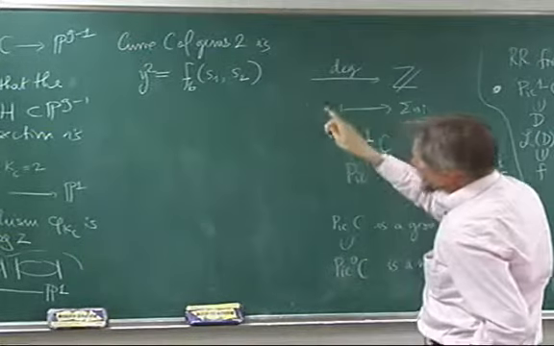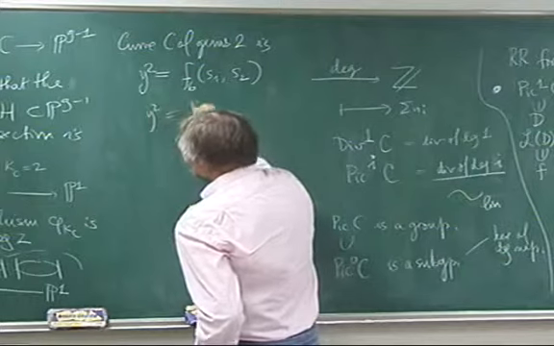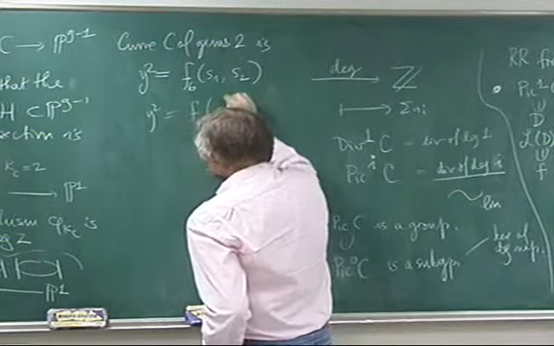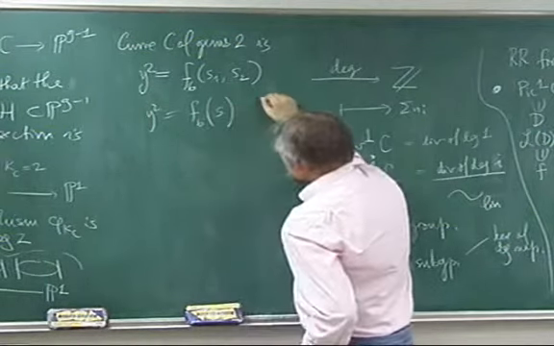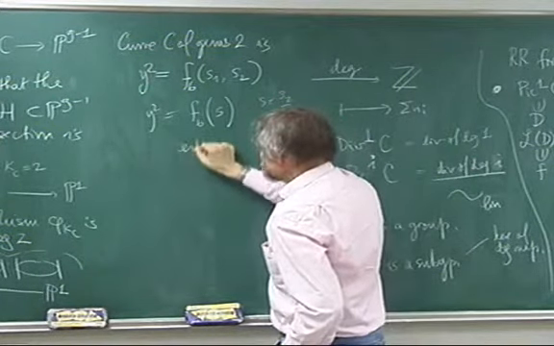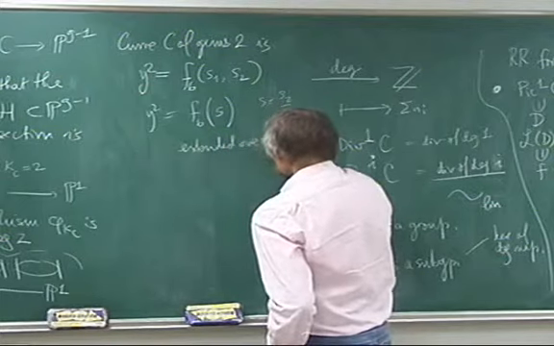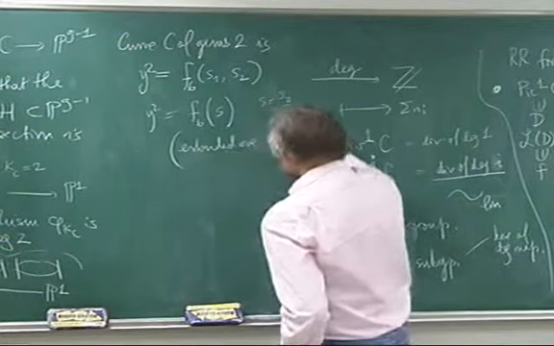Right, I'm not telling you exactly which space this is defined in. You should think of this as y squared equals f6 of s, with s equals s2 over s1, and then extended over s2 equals infinity. Anyway, I'm not going to go into this.